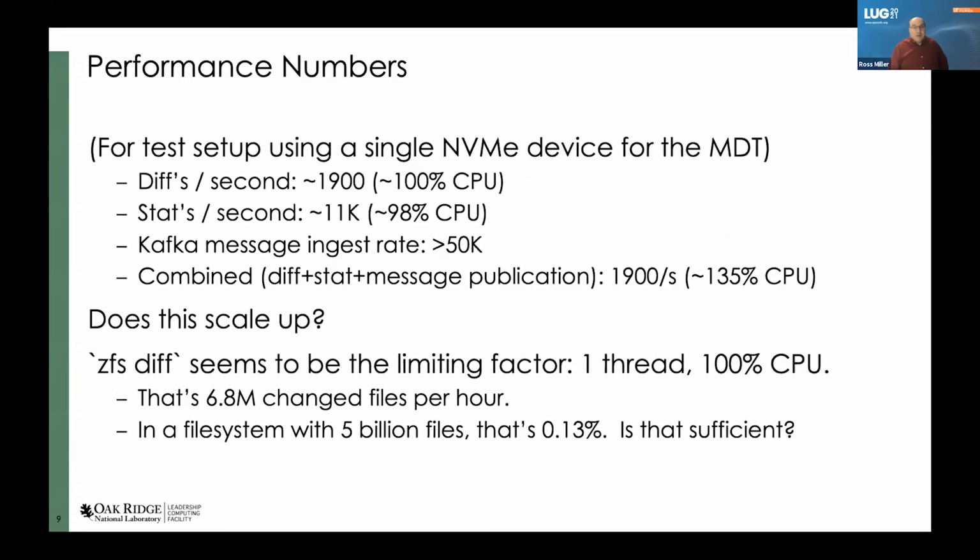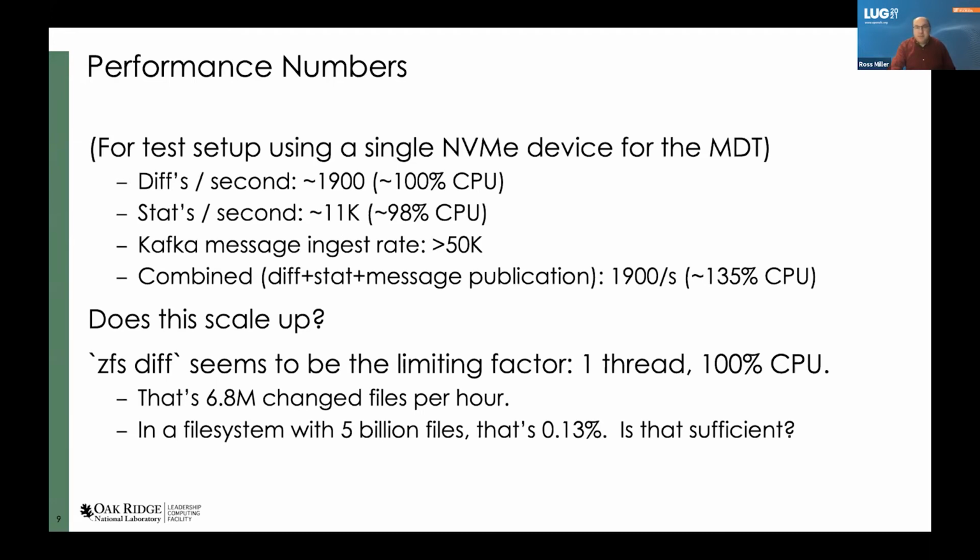As for performance, as I mentioned in that early slide, this is a very small test system. Each VDEV was a single NVMe device. When I went to diff the two snapshots, we were able to get about 1,900 files per second out of zfs diff.